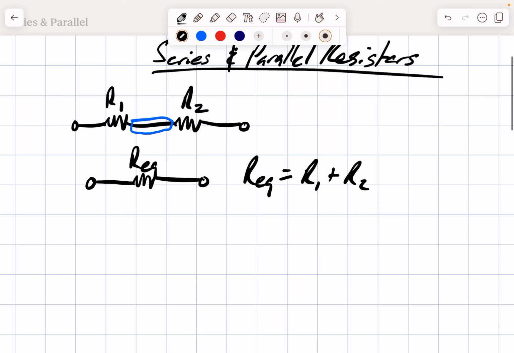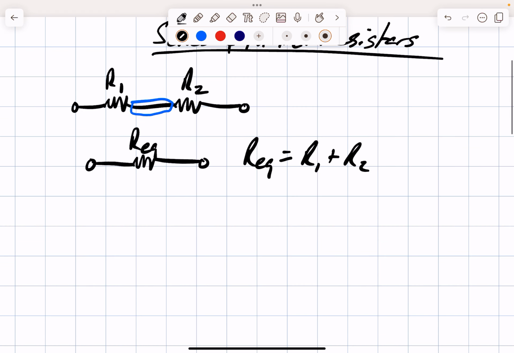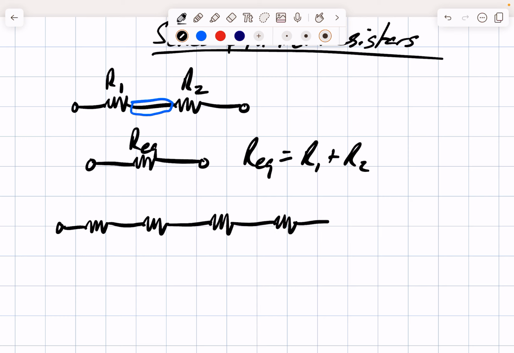Now this can apply to as many resistors as we want, so it doesn't have to be just the two. So for example, we could have R1, R2, R3, R4, R5 for example. I'll go ahead and label those.